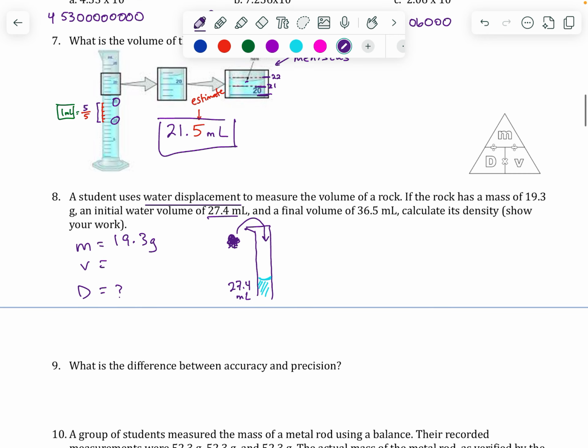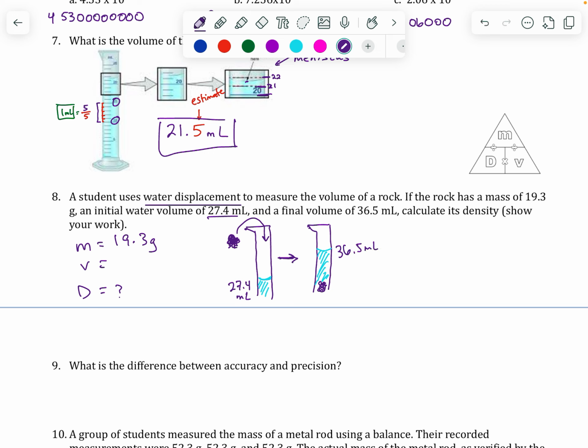And what happens is, because the rock has volume, it will take up space within this graduated cylinder. And so once that rock is in the graduated cylinder, because it's taking up space, it's going to cause that water level to rise. And that water level is going to get up to a certain value. In this case, it says 36.5 milliliters.